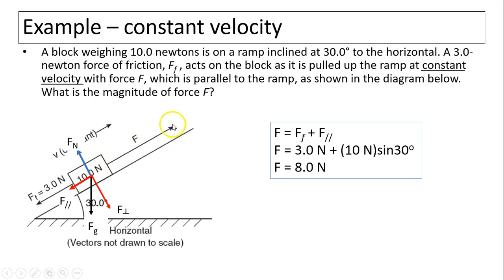That means this upward F has to equal downward friction plus F parallel. Friction is 3, F parallel equals mg times sine 30. mg gives you 10 newtons, so 10 times sine 30, that's 5. So 3 plus 5 is 8 newtons. We can also find the normal force, but it didn't ask for the normal force, so we're just going to stop here.